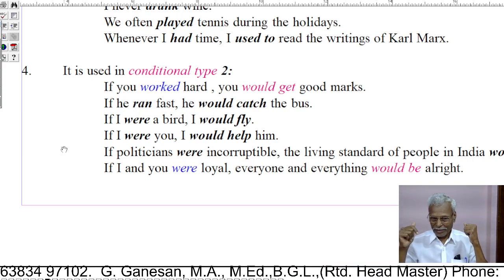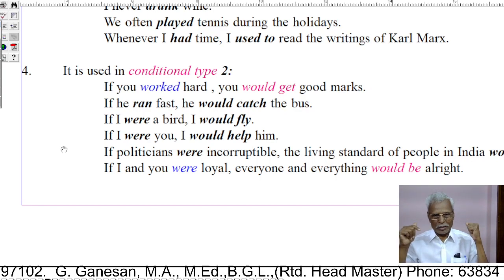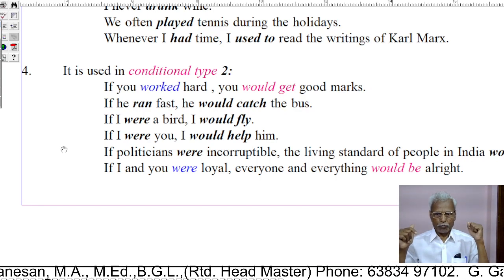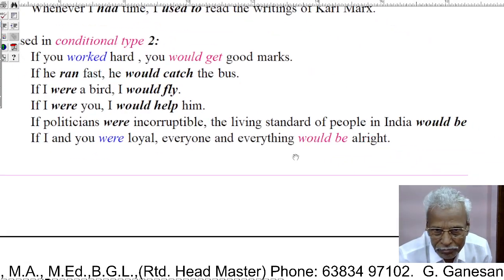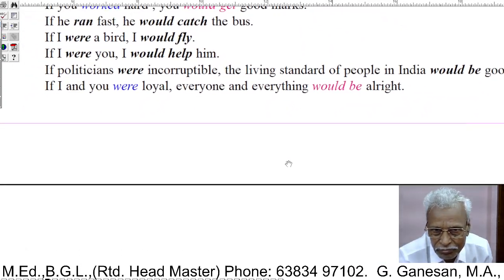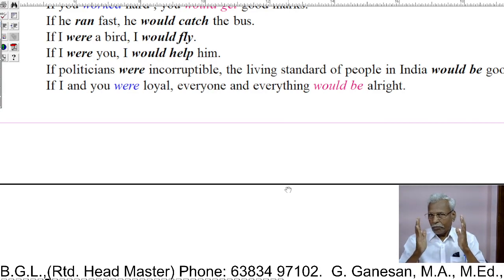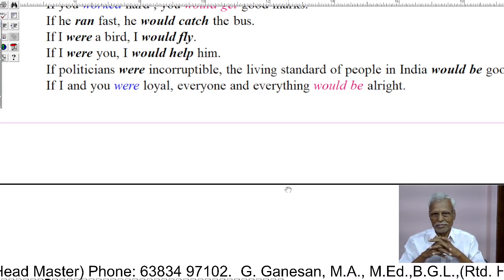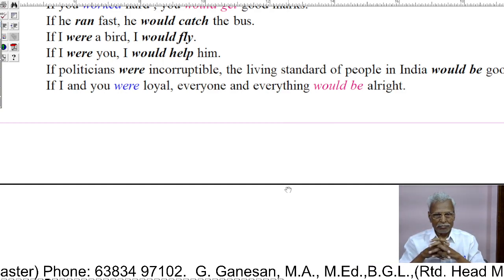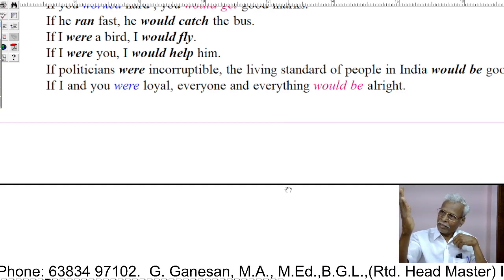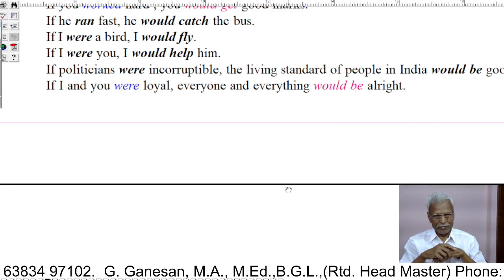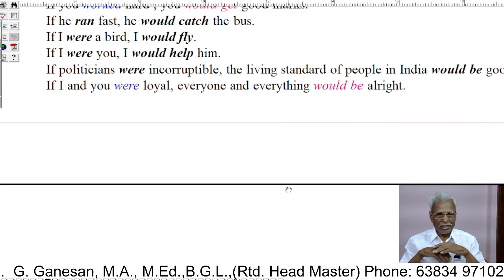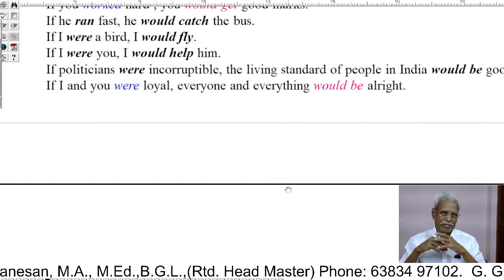Then, if politicians were incorruptible, the living standard of people in India would be good. If our politicians were good, incorruptible, with clean hands, incorruptible means honest, the living standard of people in India would be good.